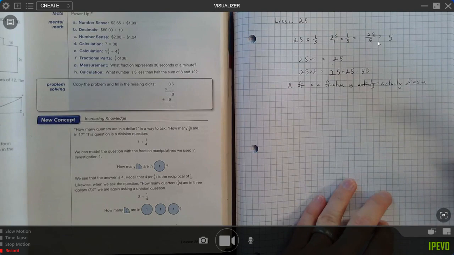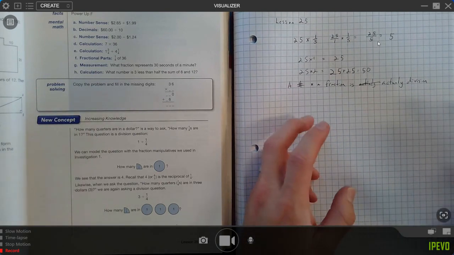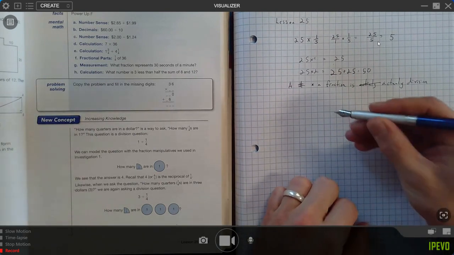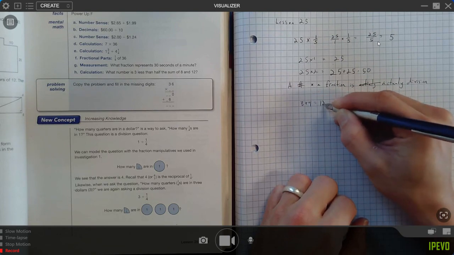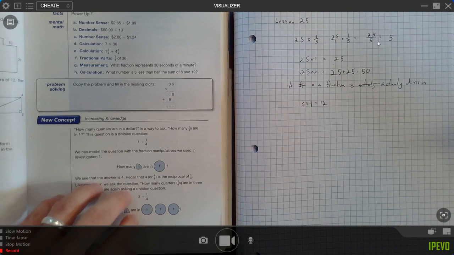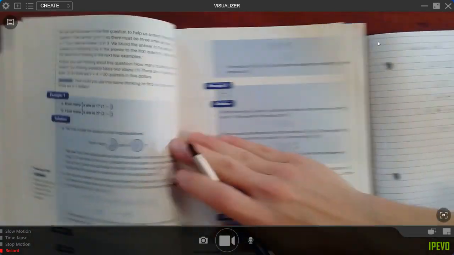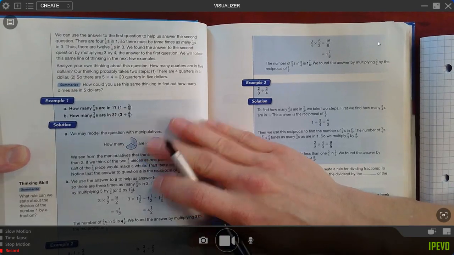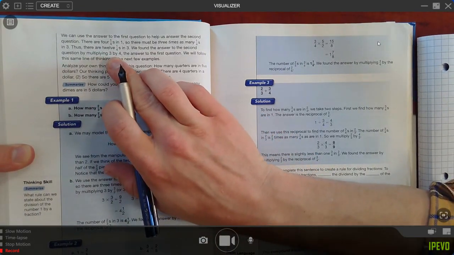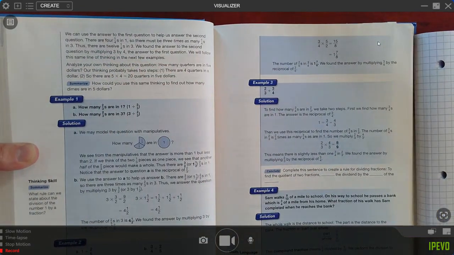So we're ultimately going to be multiplying 3 times 4, which will give us 12. So when we flip over here, okay, multiply 3 by 4 to answer the first question, all right?